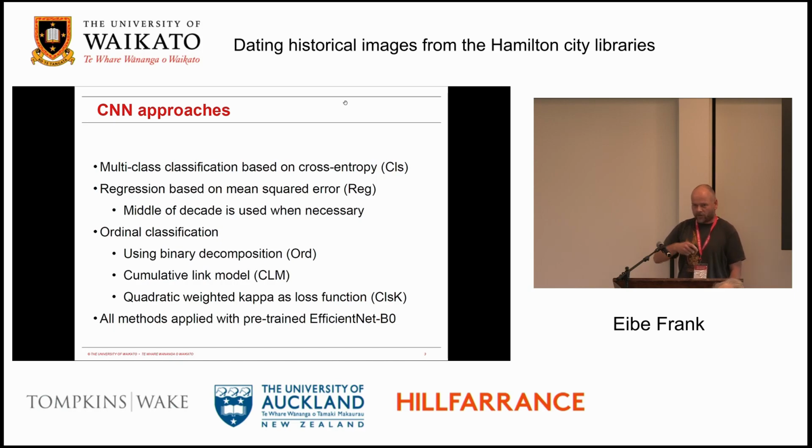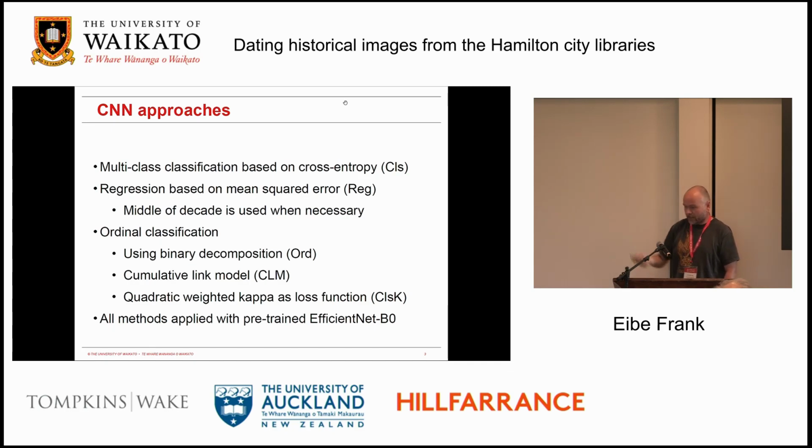There's a continuous version of that, and then you can optimize that as part of the neural network as well. And we also obviously tried regression, plain old mean squared error, deep learning regression. For the cases where we didn't have an exact year, we just used the midpoint of the decade. So those are the approaches that we tried, and I particularly was interested in ordinal classification. That's an old hobby horse of mine.